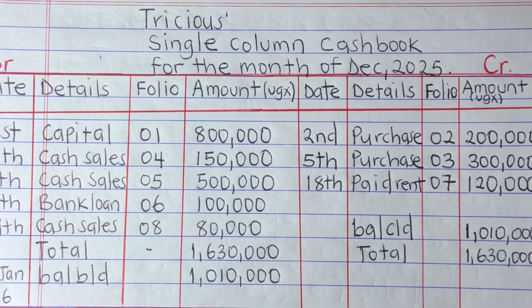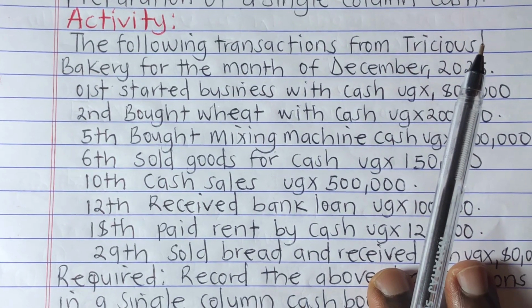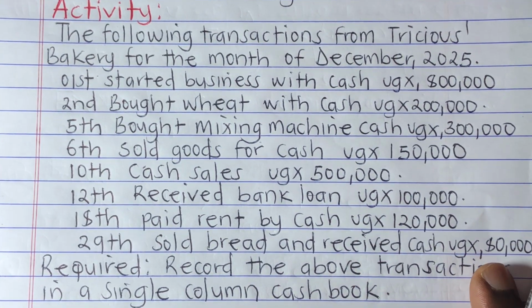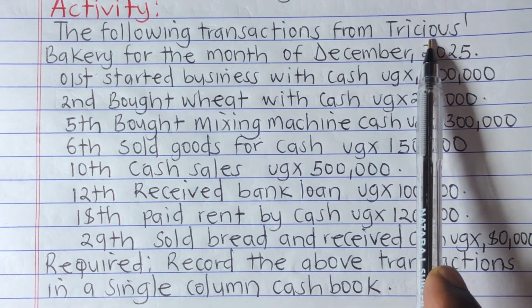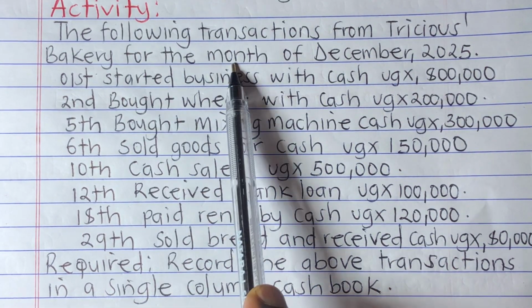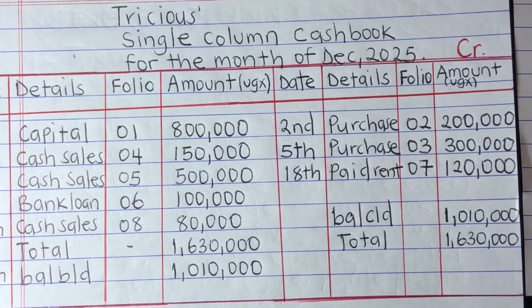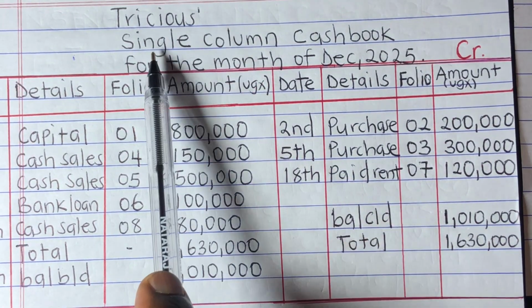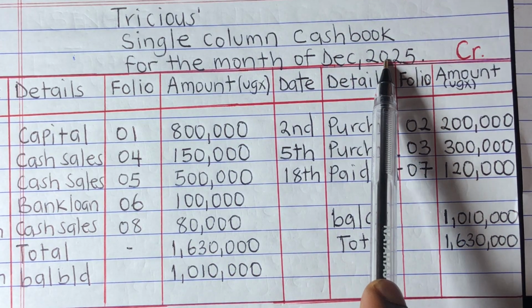The question was: required, prepare the above transactions in a single column cash book for Triscus Bakery for the month of December. So our heading becomes Triscus's single column cash book for the month of December 2025.